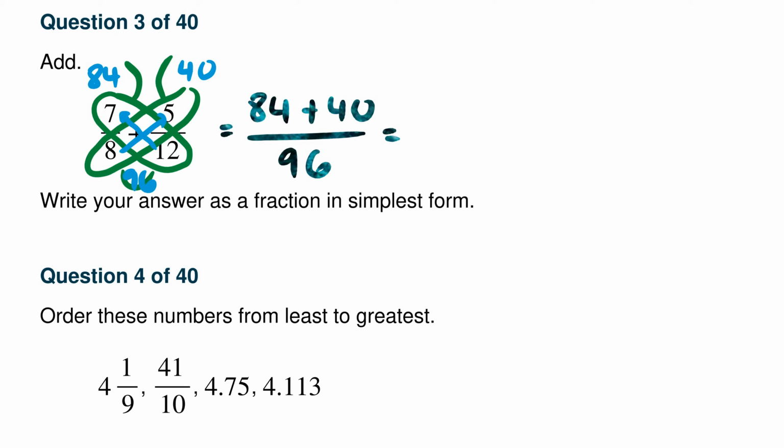That will give us 124 over 96. Let's see if we can reduce this. 124 over 96 will give me 31 over 24, which means we reduce it by 4. 124 divided by 4 will give me 31 over 96 divided by 4, which gives me 24.